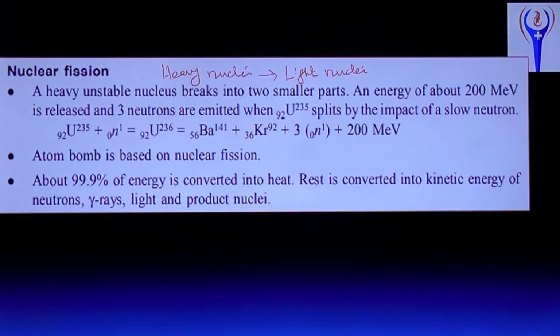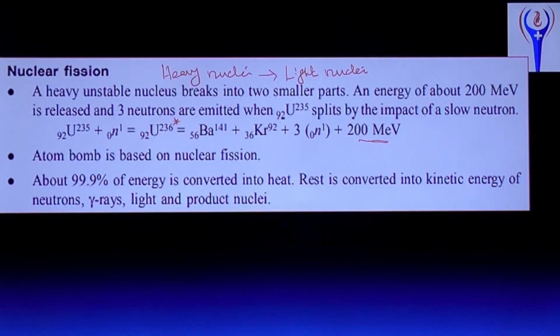Then it becomes U-92-236 in an excited state, and that decays into barium and krypton, with 3 neutrons emitted and energy liberated of 200 MeV. That is 200 into 10 power 6 electron volts.